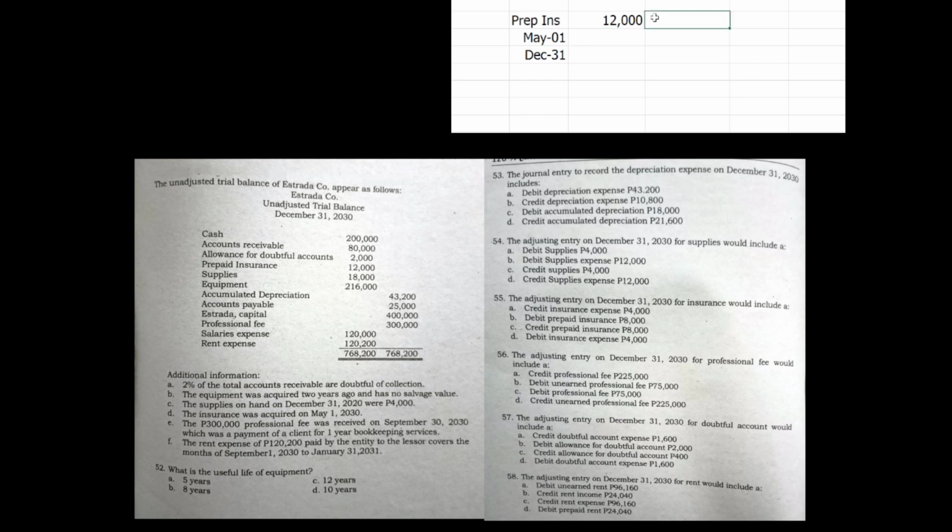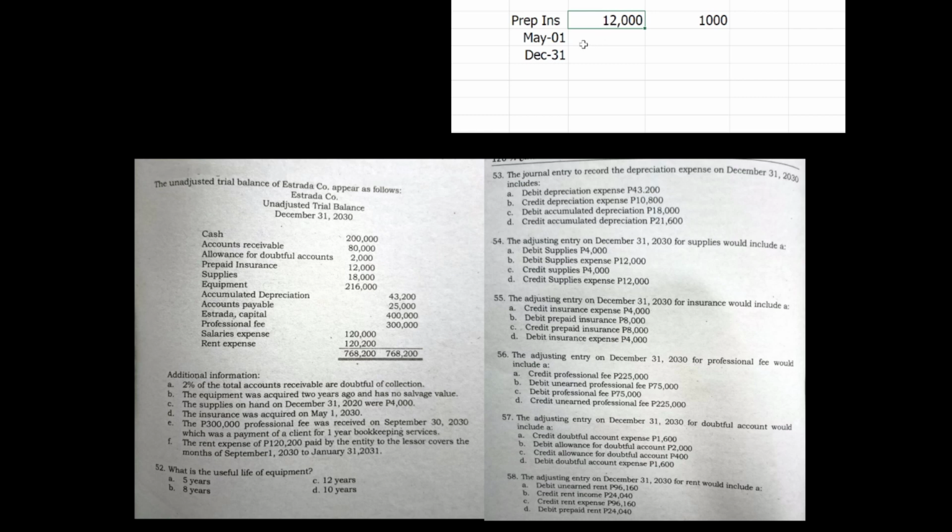Okay? So, kung i-divide natin itong 12,000 by 12 months or 1 year, meron dapat tayong 1,000 per month na prepaid insurance expense. So, at December 31, again yung prepaid insurance natin hindi na ito totoo kasi nga portion nito is nagamit na.